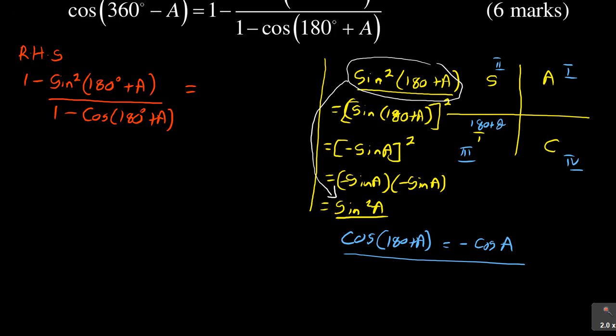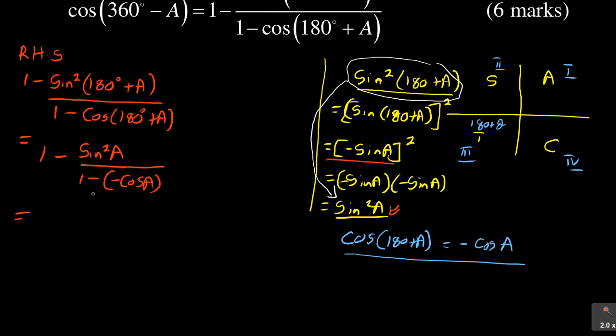Now if I pull it back to my original, where there was sine squared of (180 plus A), I write the reduced version, which is sine squared A. So I've got 1 minus sine squared A over 1 minus, in brackets, negative cos A. This is the reduced version.